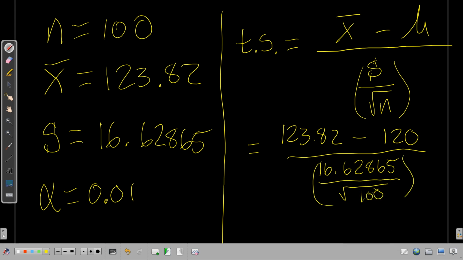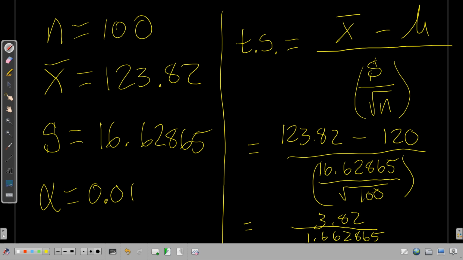Now the square root of 100 is 10. So that number that's in the denominator is really 1.662865. And in the numerator, it's 123.82 minus just 120. So you're just left with 3.82 in the numerator.